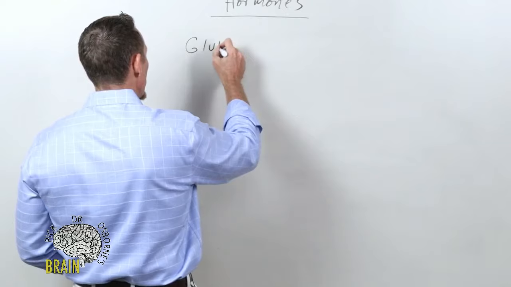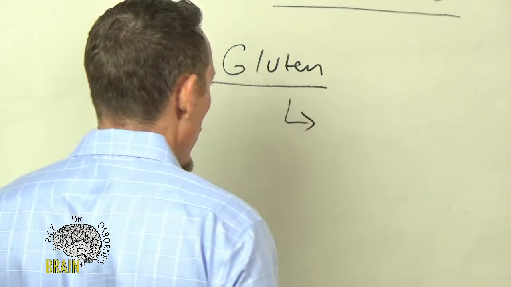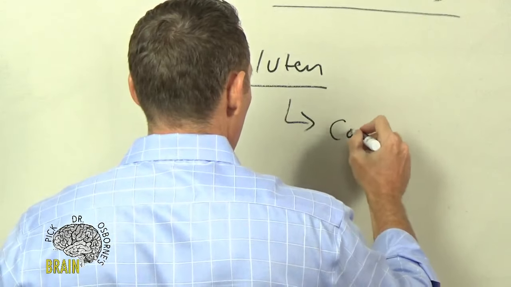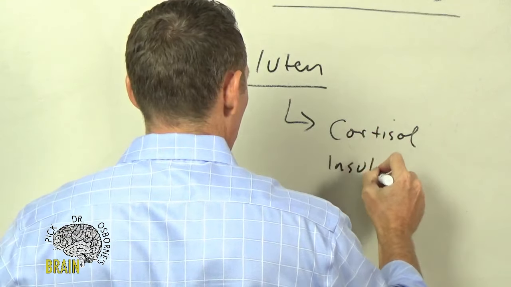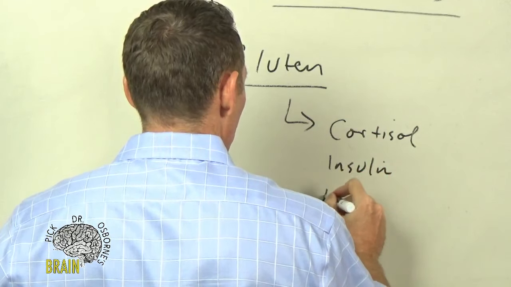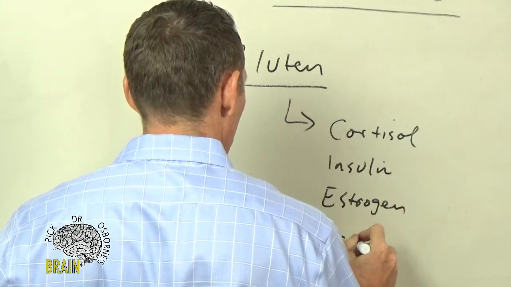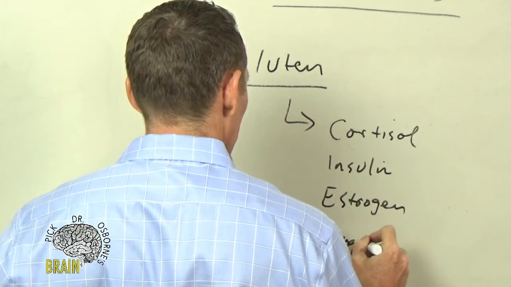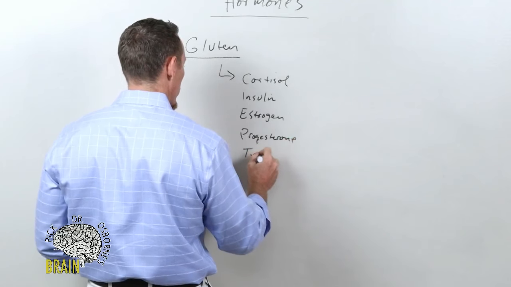So gluten, we look at as a reason why hormones can become abnormal. It can affect cortisol. It can affect insulin. It can affect estrogen, progesterone, testosterone.